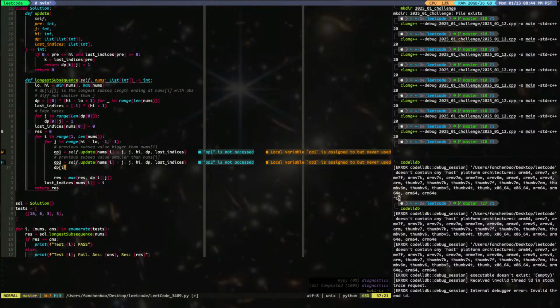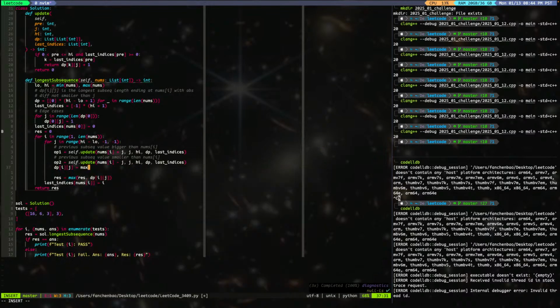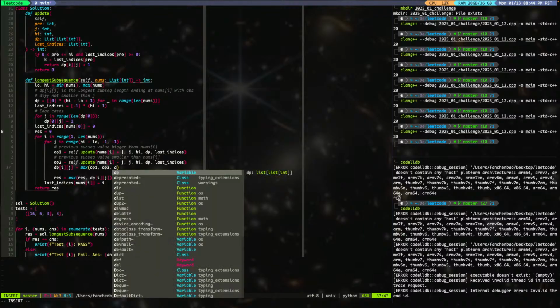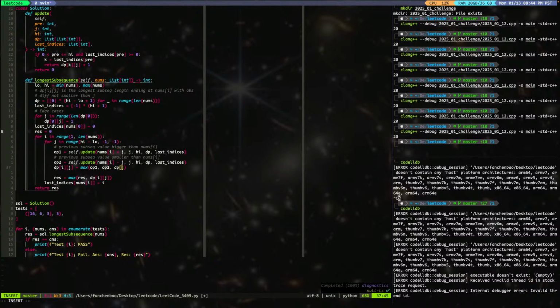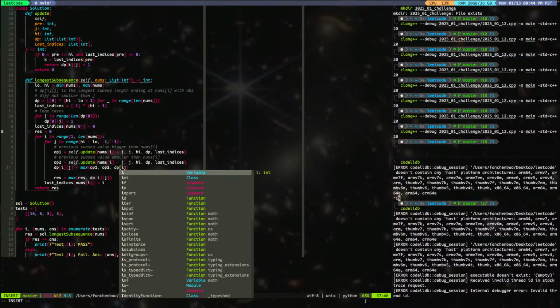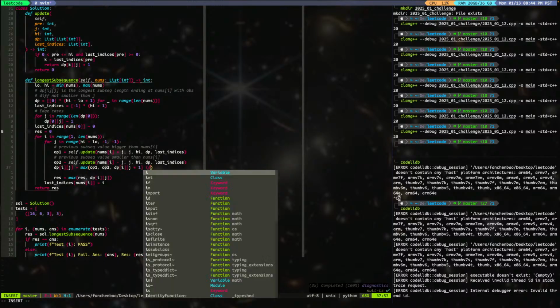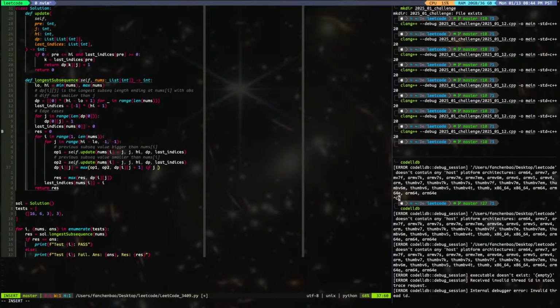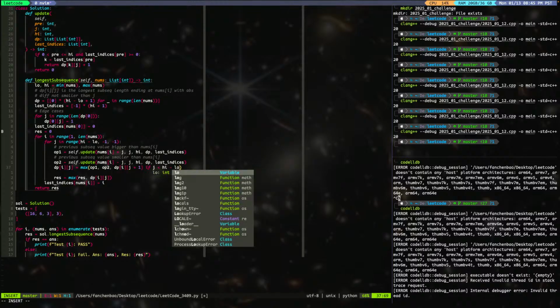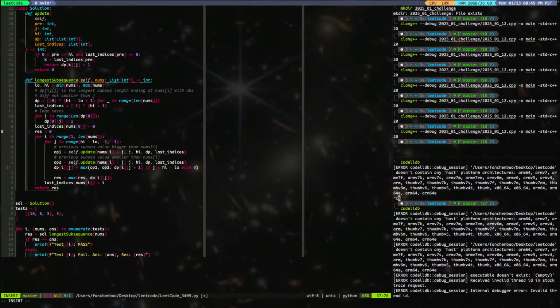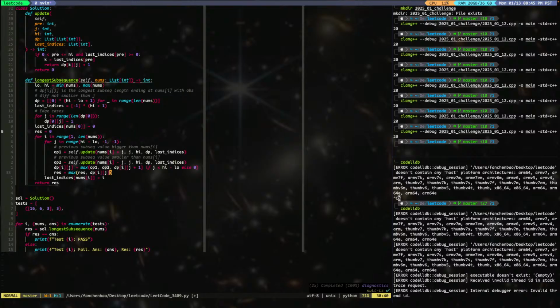Then we say dpij shall equal to maximum option 1, option 2, and dp i j plus 1 if j is smaller than high minus low, else 0. Yeah.